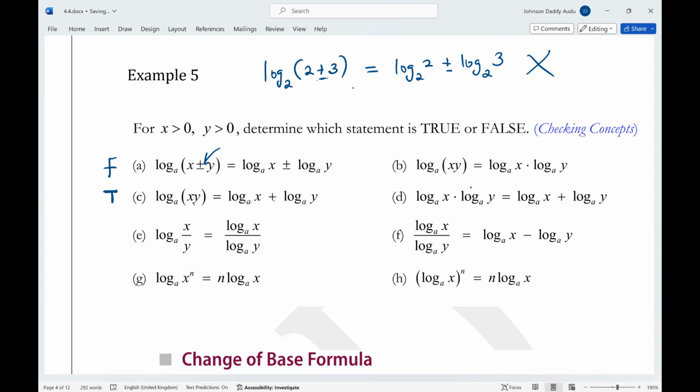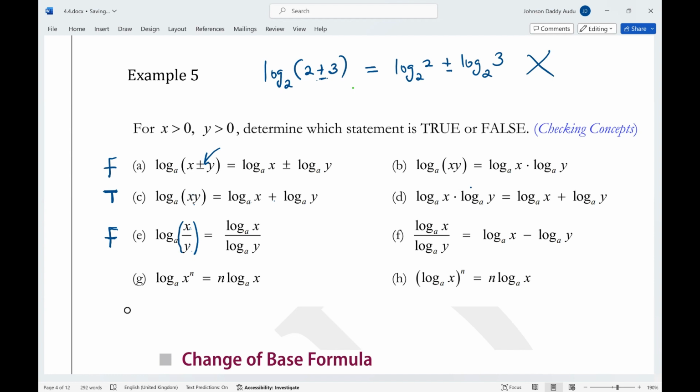Now, so we're going down this way. Let's look at this one. Here is not true. Why? Because if you look at the logarithm, this is x over y. So it is not the same thing as we have when you have division. Division should change to what? To subtraction. So this is false. But what is true? We're going to see what is true.